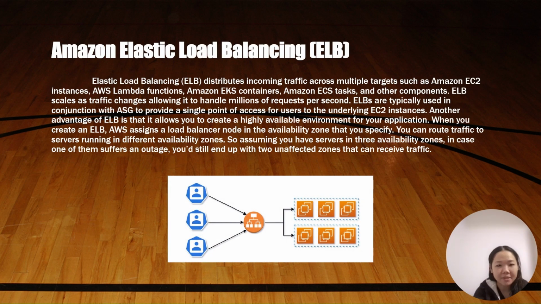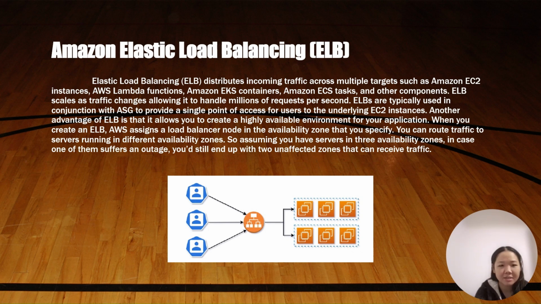Next, Amazon Elastic Load Balancing, or ELB. ELB distributes incoming traffic across multiple targets such as Amazon EC2 instances, AWS Lambda functions, Amazon EKS containers, Amazon ECS tasks, and other components.